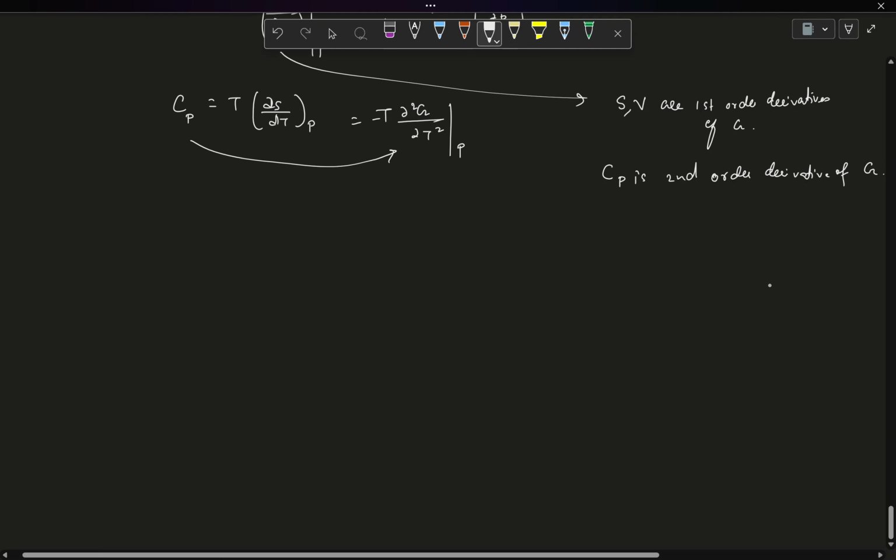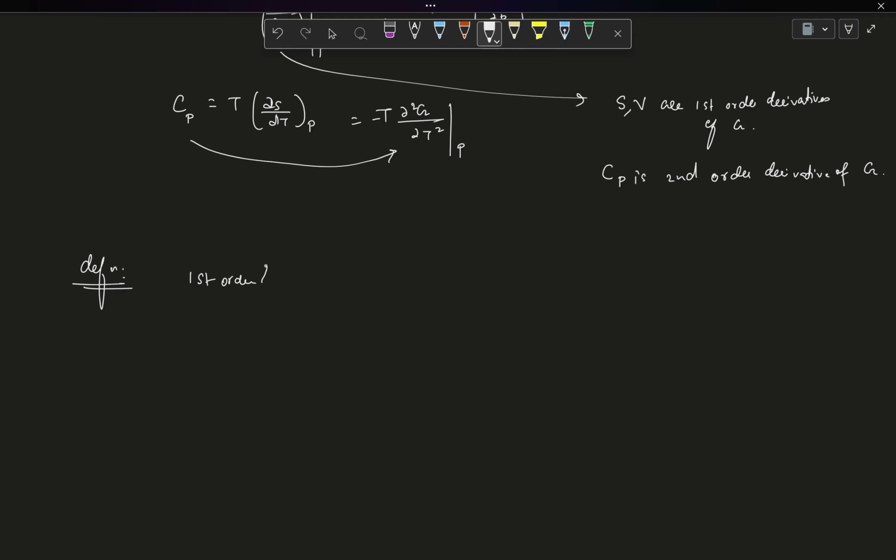So by that definition, the prime rule you have to remember is that a first order phase transition is defined when the first order derivative of the Gibbs free energy shows discontinuity at the phase transition point.